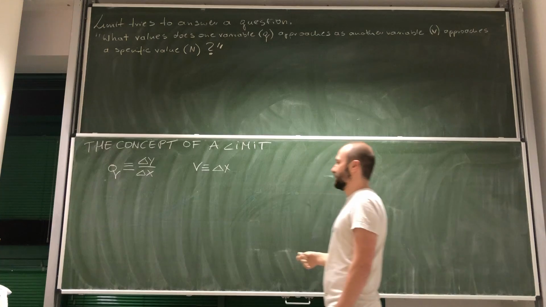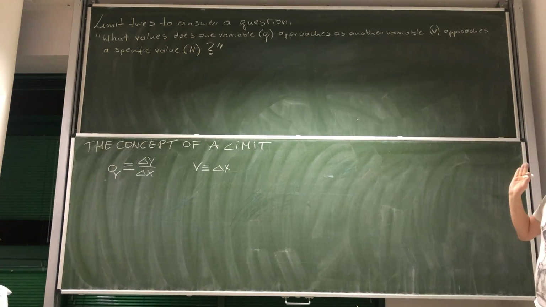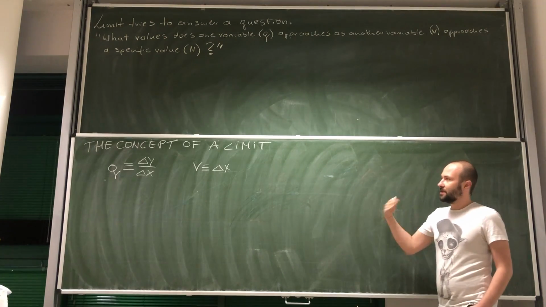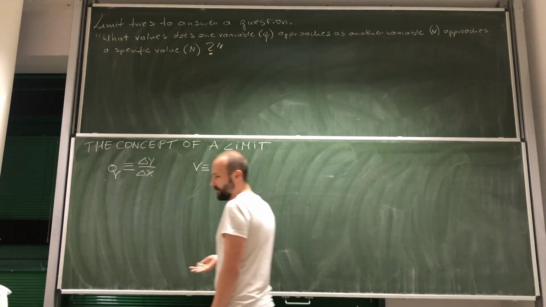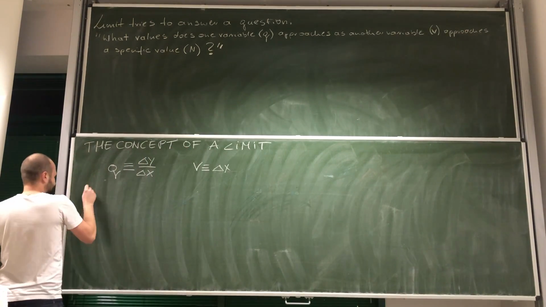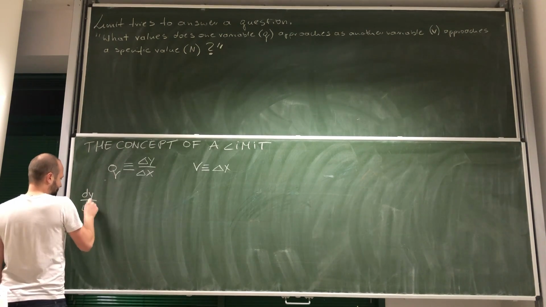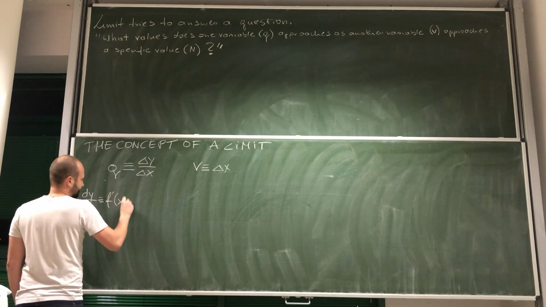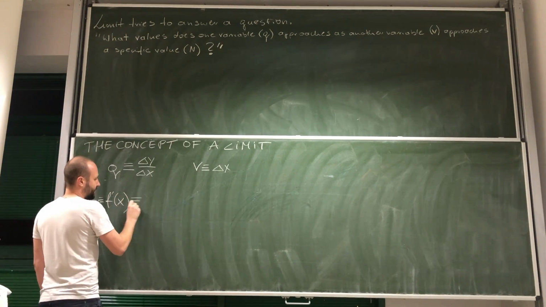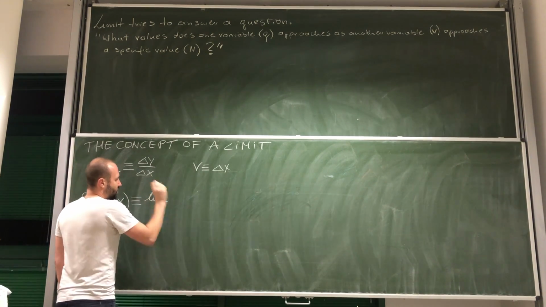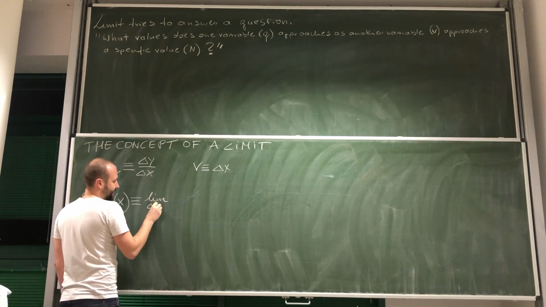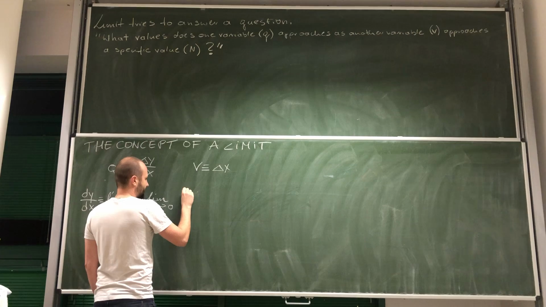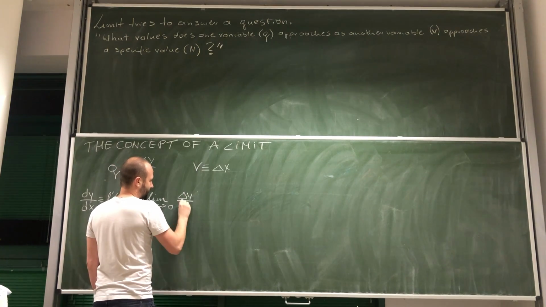Now we can rewrite the derivative dy dx, or equivalently f prime of x, that was given as a limit with delta x approaching 0 of the difference quotient delta y over delta x.